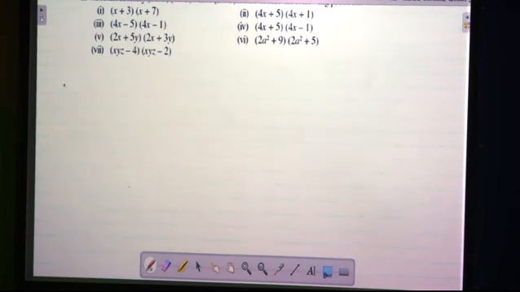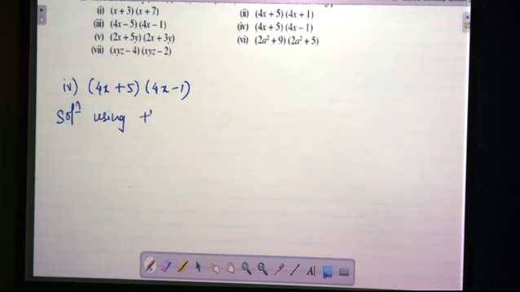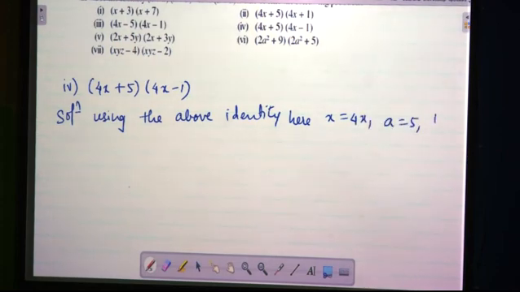So, fourth sum, 4x plus 5, 4x minus 1, using the above identity. Again I am mentioning the same statement, using the above identity. Here x is equals to 4x, a is equals to 5 and b is equals to minus 1.